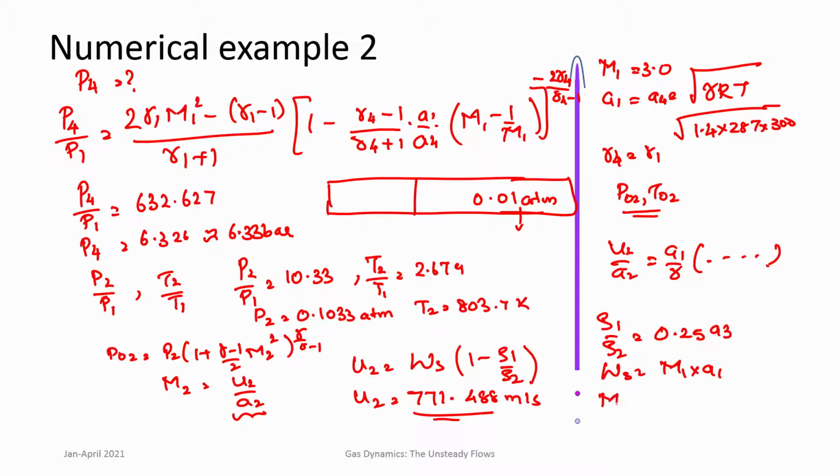therefore you get M2 as 1.3576. Okay, so this is M2. Correspondingly, once you know M2, where M2 is U2 by A2 and A2 is square root of gamma R T2, now P02 and T02 can be found out.